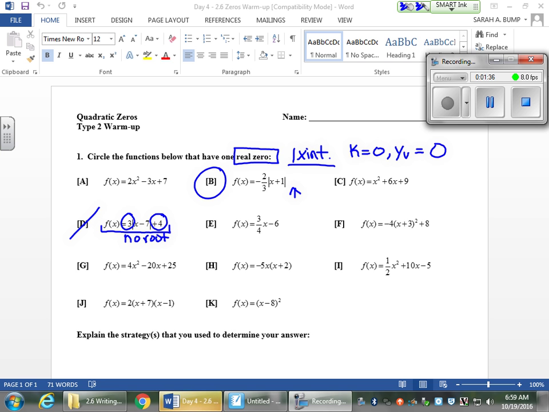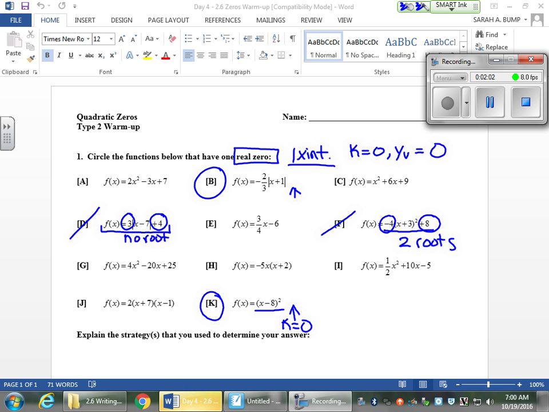The next one in vertex form is F, quadratic in vertex form. A and K have opposite signs, so that means 2 real roots, so that's out. And the last one that's in vertex form is K. We have a quadratic, and the y of the vertex, the k value, is 0. So that will have one root.